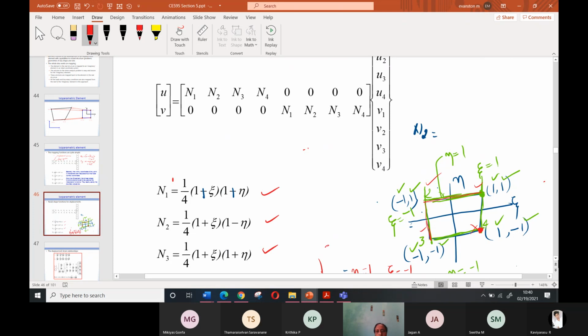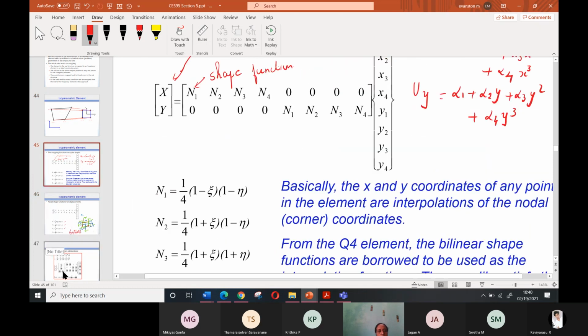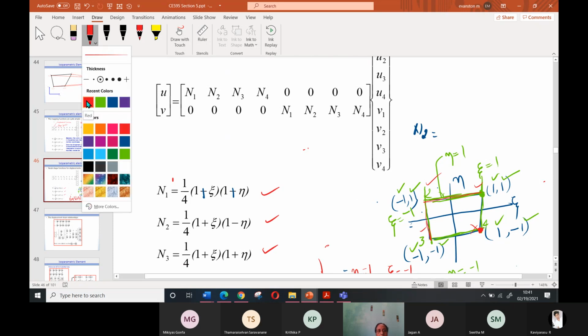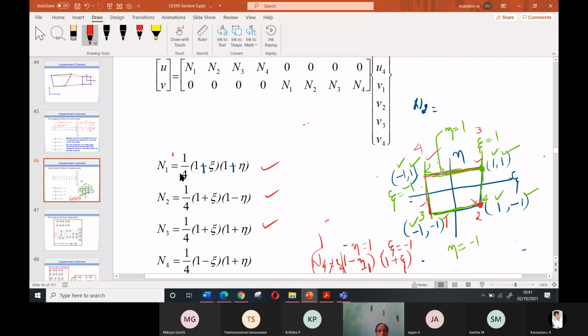According to this one, this one is N3, this is N2, N4, and this is N3.